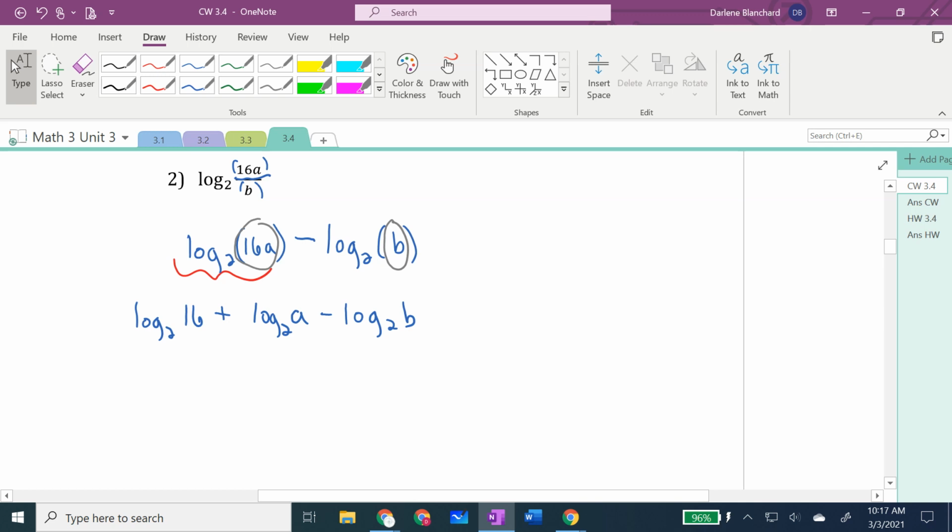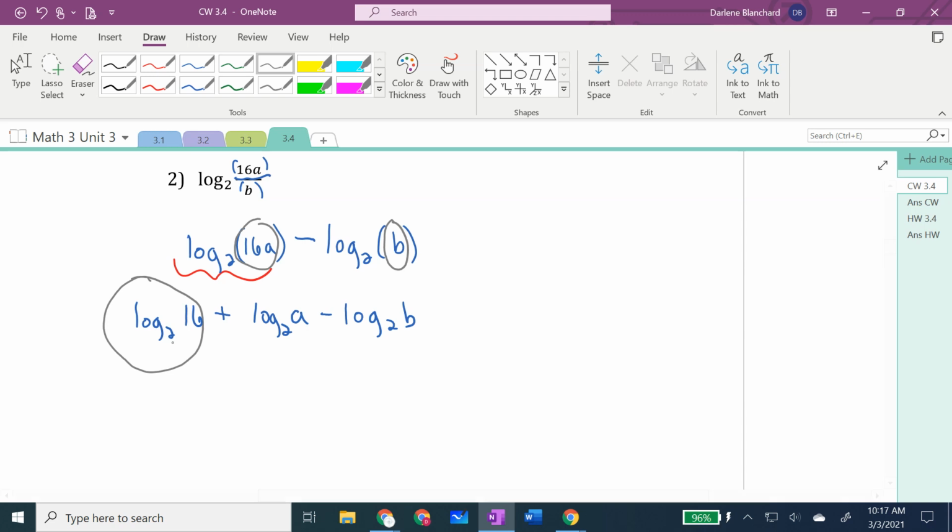And where I want you to look is where you have a number in a logarithm. Log base 2 of 16 might simplify. Does it simplify? You got it, exactly.